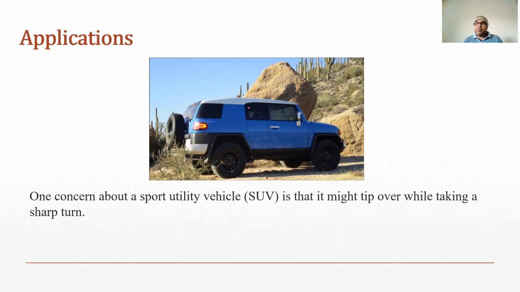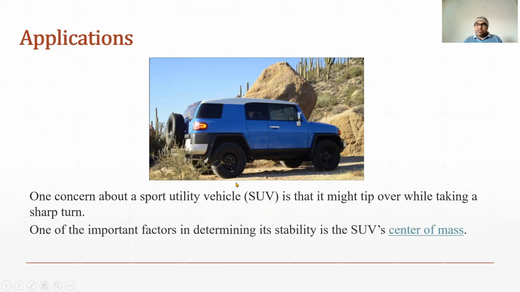Why is it happening? Because of the location of the center of mass. If the center of mass of a body is near the ground, then it will be more stable. Because an SUV is a heavy vehicle and its center of mass is a little above the ground, there is a chance that it may tip over.